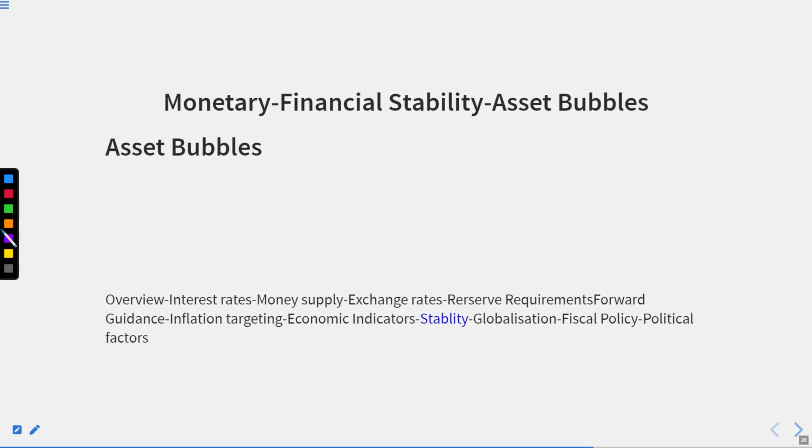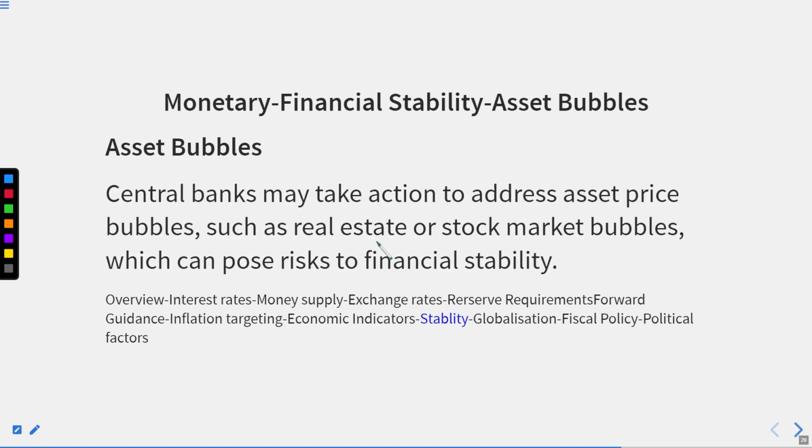Thereafter, we have asset bubbles. In the financial stability part, central banks may take action to address asset price bubbles, such as real estate or stock market bubbles, which can pose risks to financial stability. It means that the price of the stock or property is not as per the requirement.